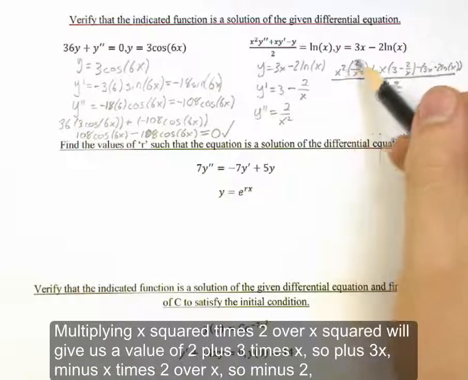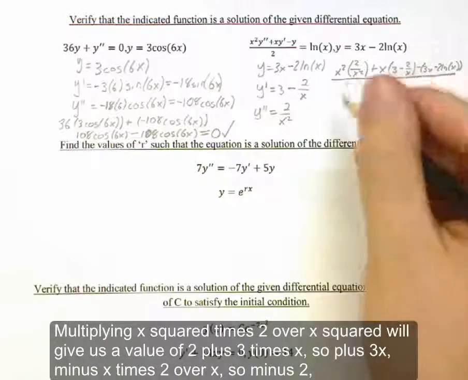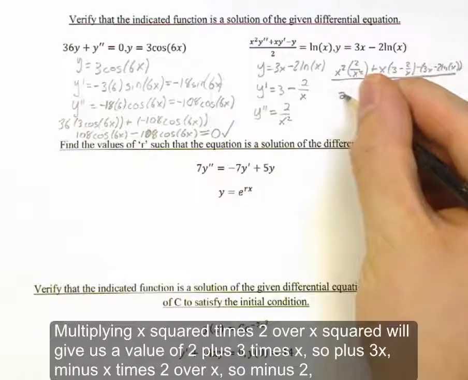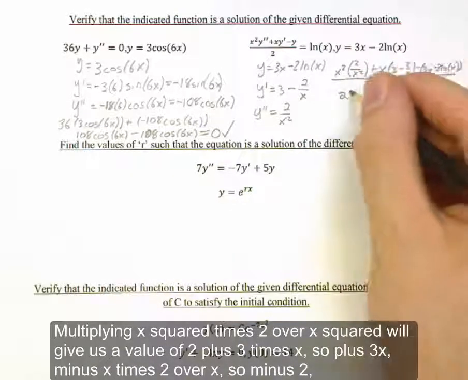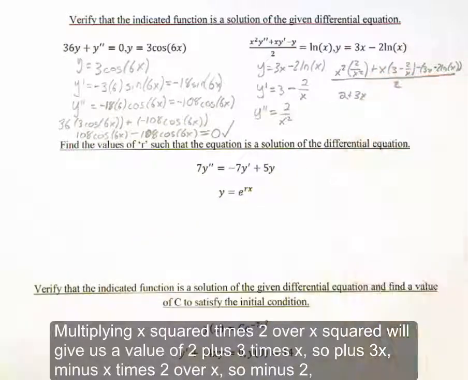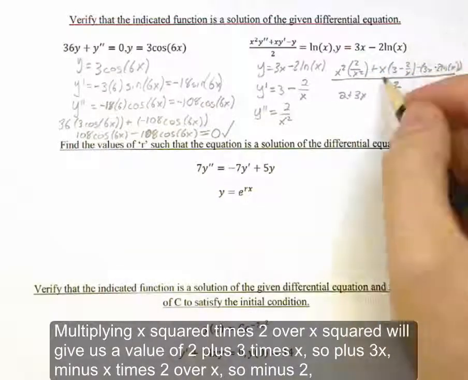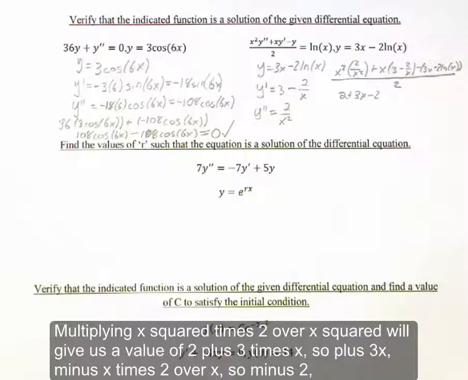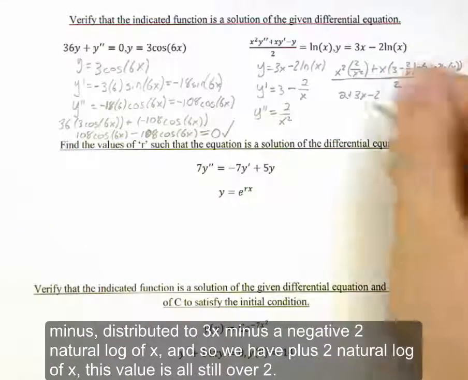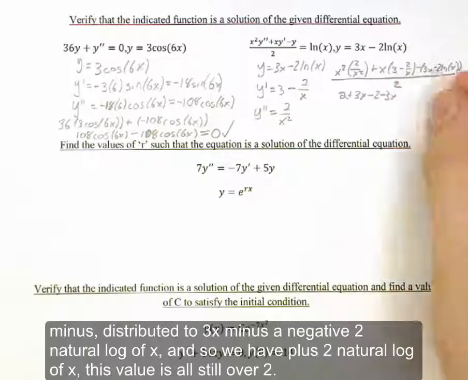Multiplying x squared times 2 over x squared will give us a value of 2, plus 3 times x, so plus 3x, minus x times 2 over x, so minus 2, minus distributed to 3x, minus a negative 2 natural log of x, and so we have plus 2 natural log of x. This value is all still over 2.